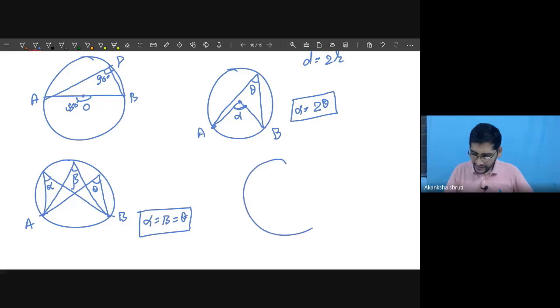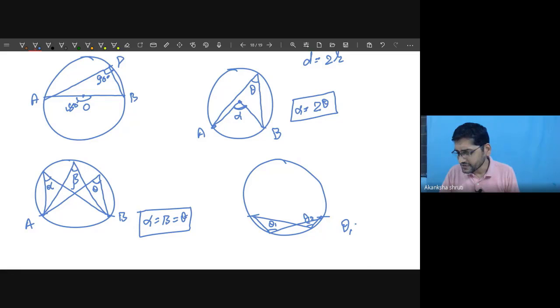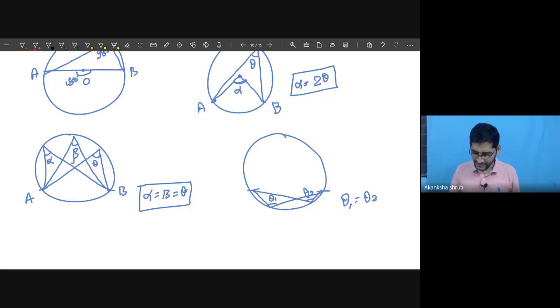The angle can be made on the major arc also, like this one and this one. Consider this as theta 1 and this as theta 2. Whatever the denotation, that doesn't matter. Theta 1 is equal to theta 2.